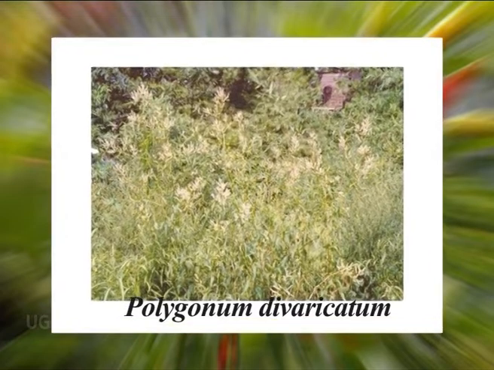The developmental pattern exhibited by most species is referred to as the Polygonum type because it was first described in Polygonum divaricatum.